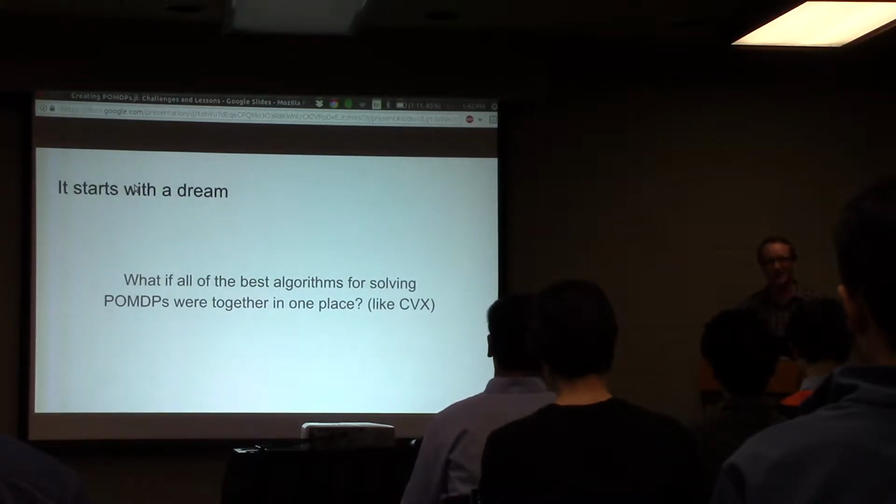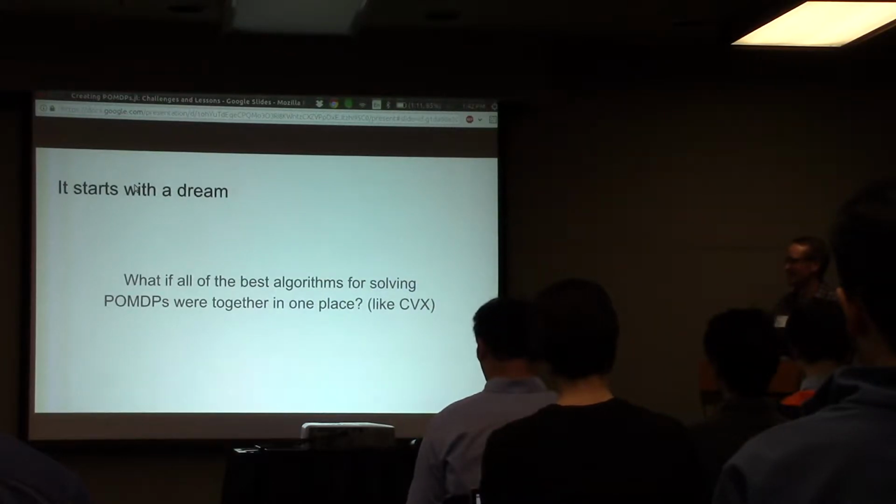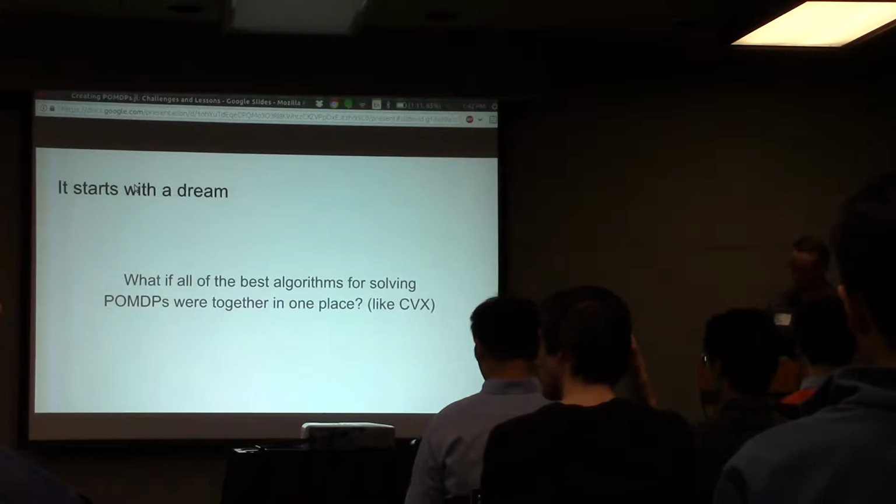This can solve my problem so easily. It's so flexible. It's great. Then you start looking at your problems and you think, I can make a tool like that for my class of problems. That's what we were trying to do with POMDPs.jl: get all of the best algorithms together in one place where you could use them side by side, switch things out, and everybody could work and play together in this space.